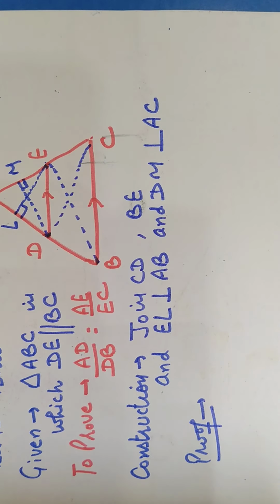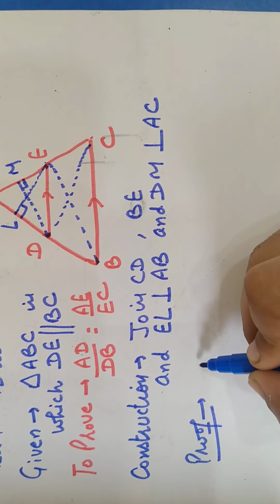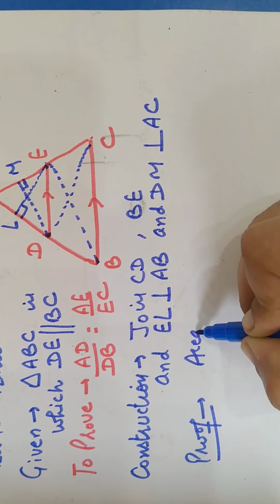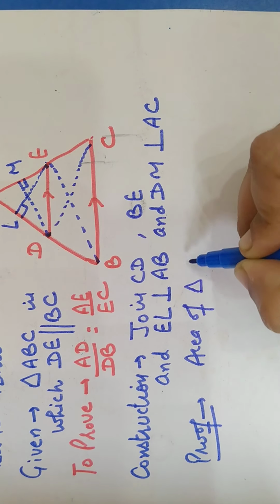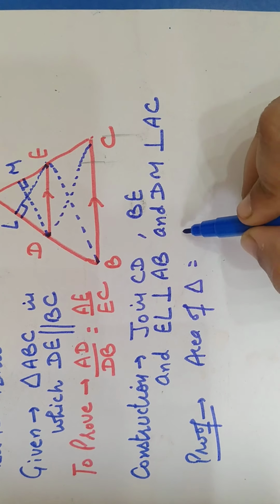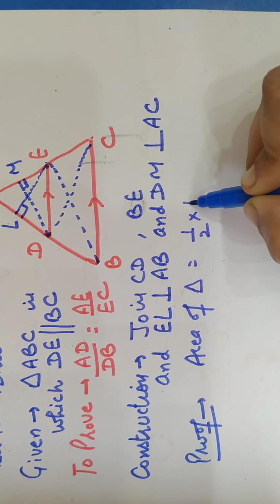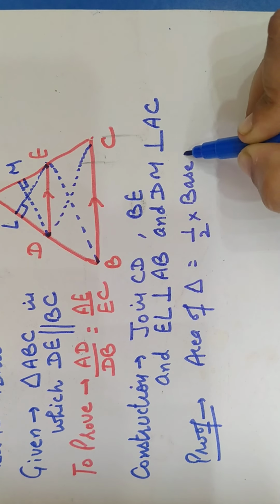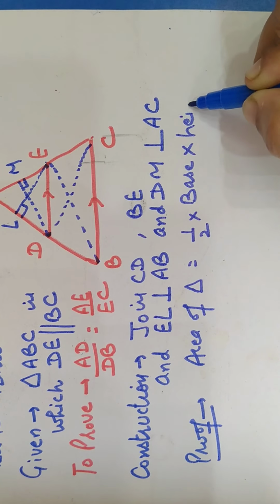For the proof, what we have to apply, we should know the area of a triangle. If we know the height, we can apply the formula half base into height.